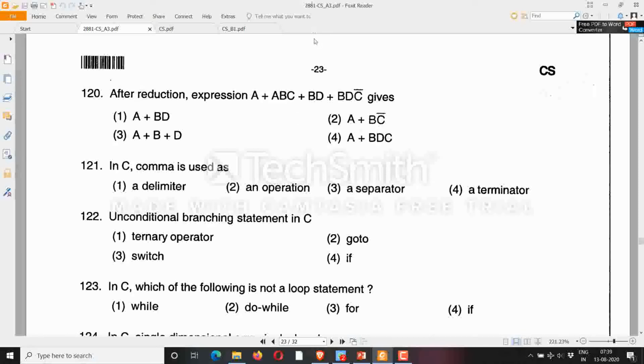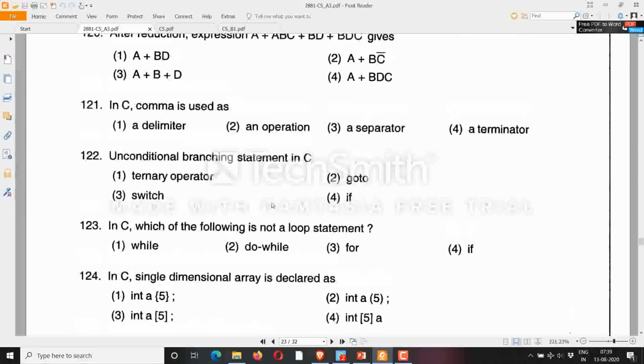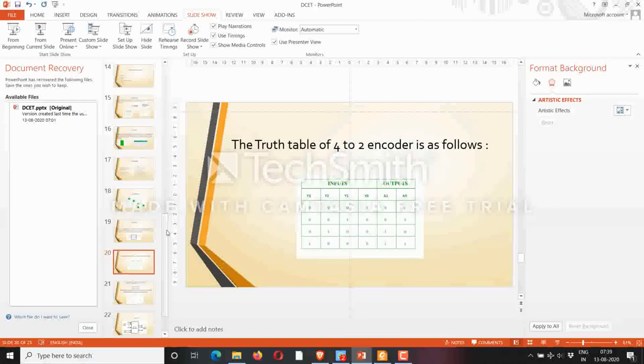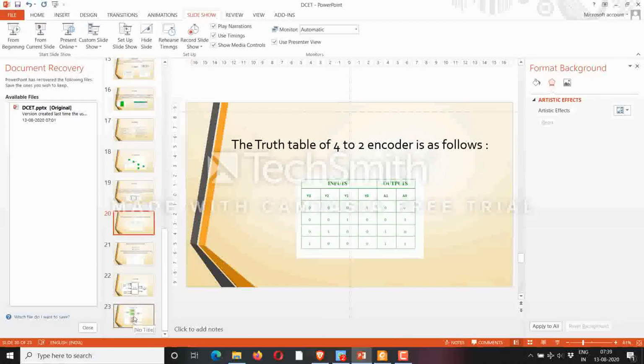By applying the Boolean laws, you can obtain the final value. So this is all about your combinational circuits, then sequential circuits. In sequential circuits, we have flip-flops, latches, and then counters, which I have discussed briefly.